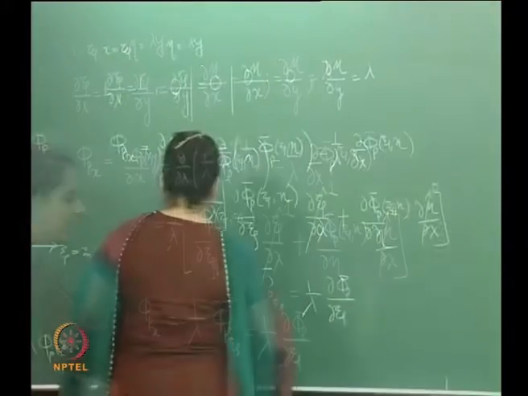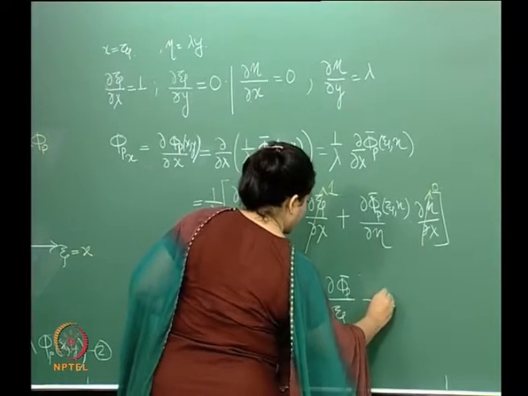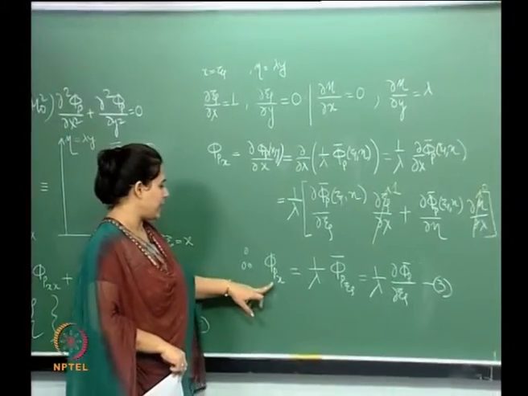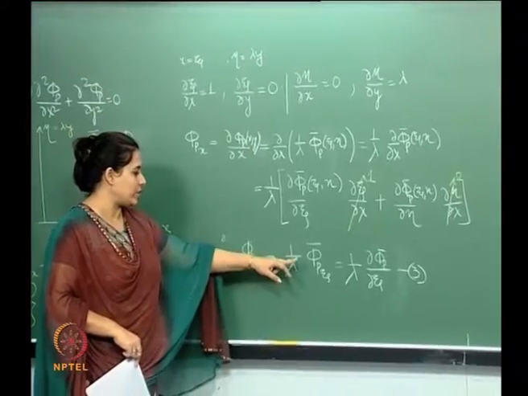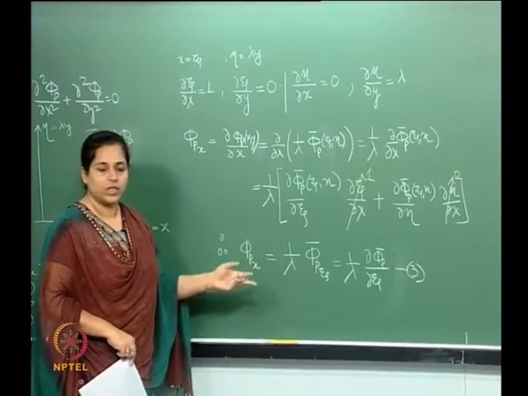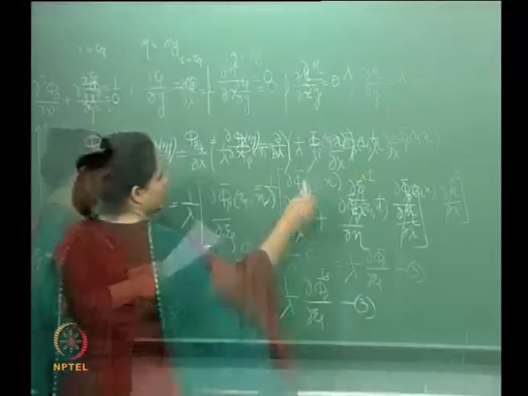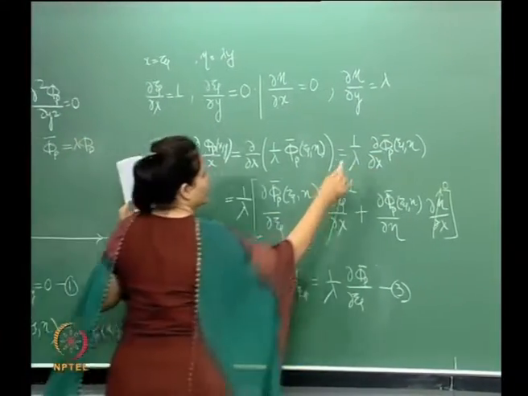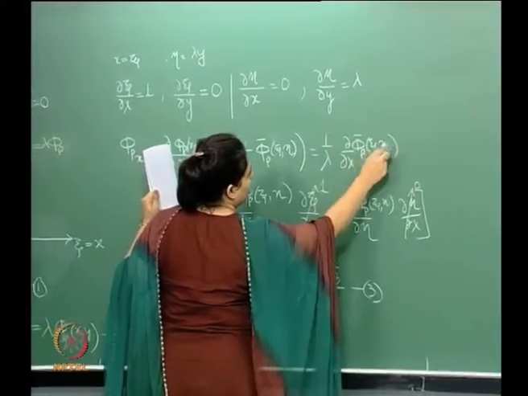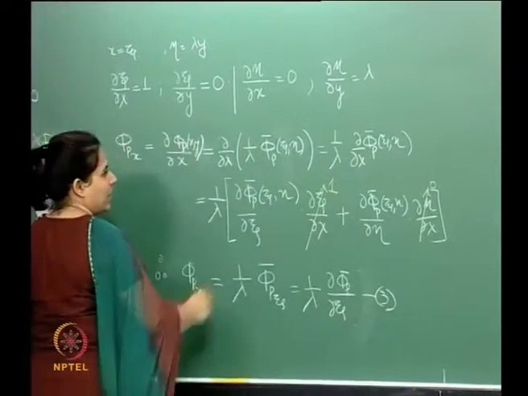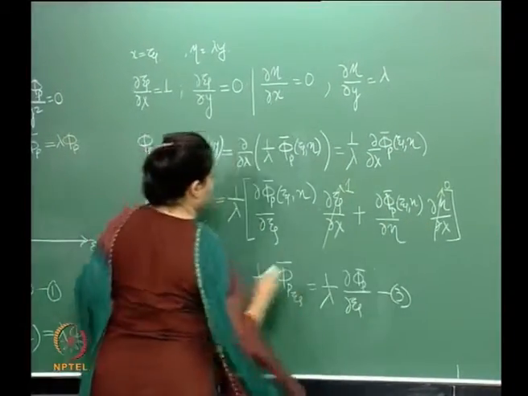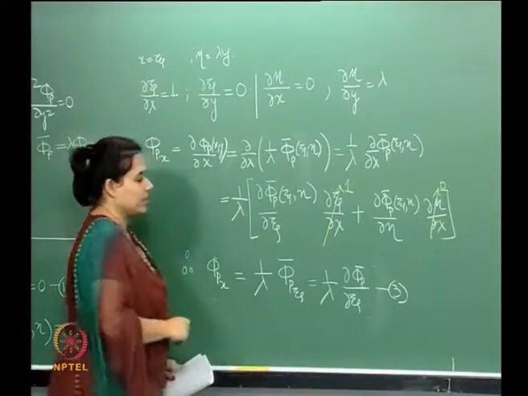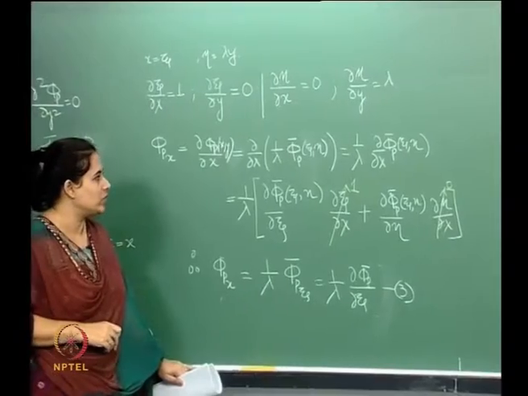So, therefore, let me call this equation 3. Okay. So, phi p x is nothing but phi p bar zeta by lambda. This is the transformation. So, just this term out here, del phi p bar del x, that is what we expanded in this bracket here, turns out to be del phi p bar del zeta. Okay, there is really no difference.